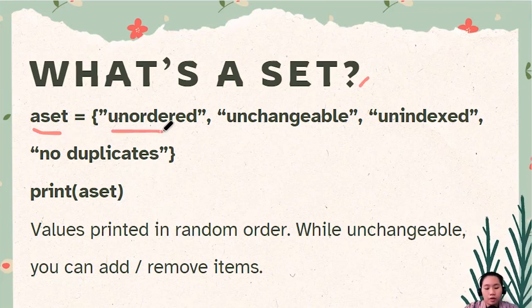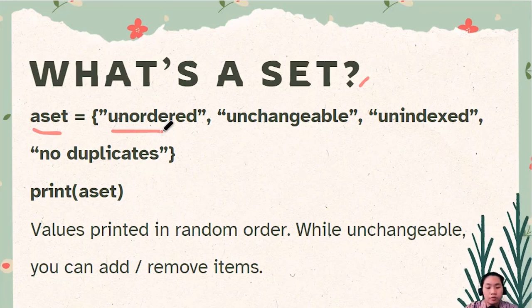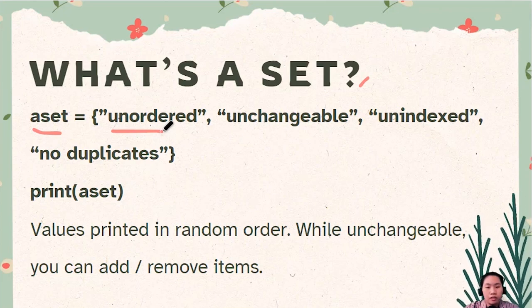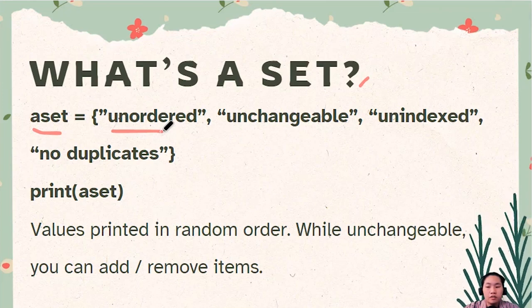What you've learned with value number 1 in a tuple or a list having index 0, and the next one having index 1, starting from 0 as opposed to starting from 1, 2, 3, 4, 5 as we would in real life, a set does not have such convenience. It's unordered, so every time you print a set out, the order of the values is randomized.